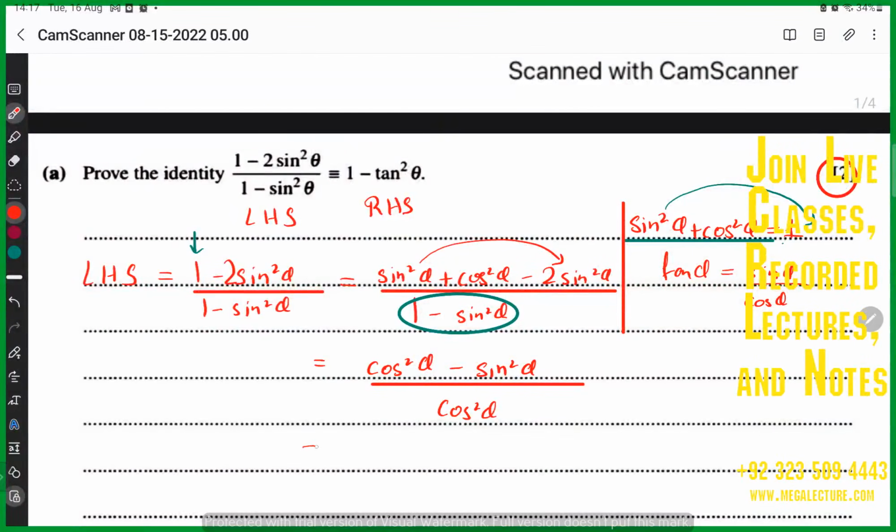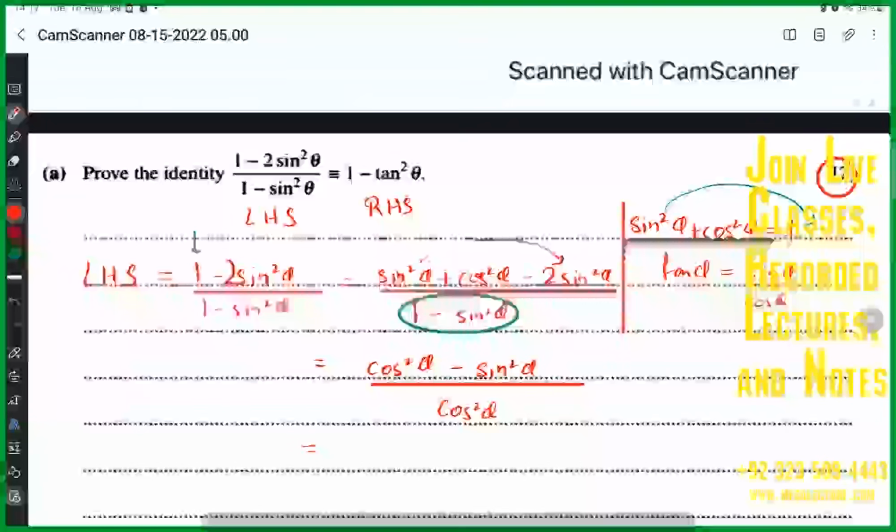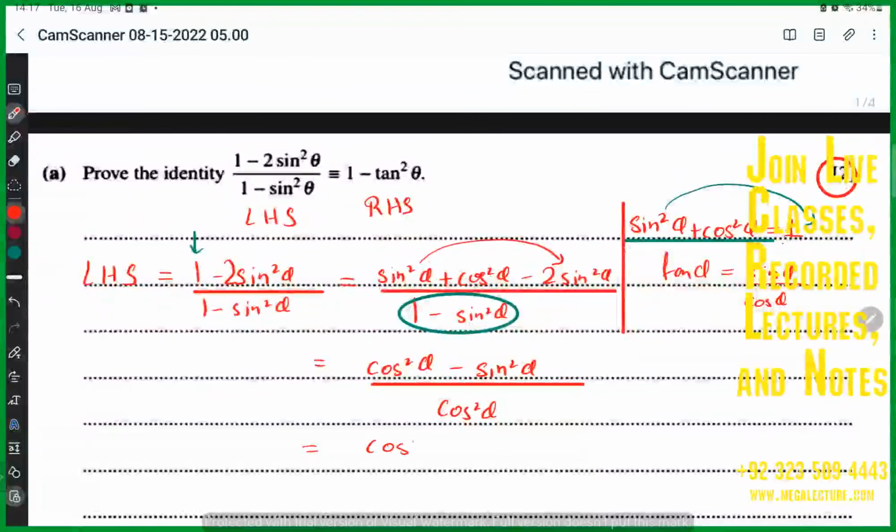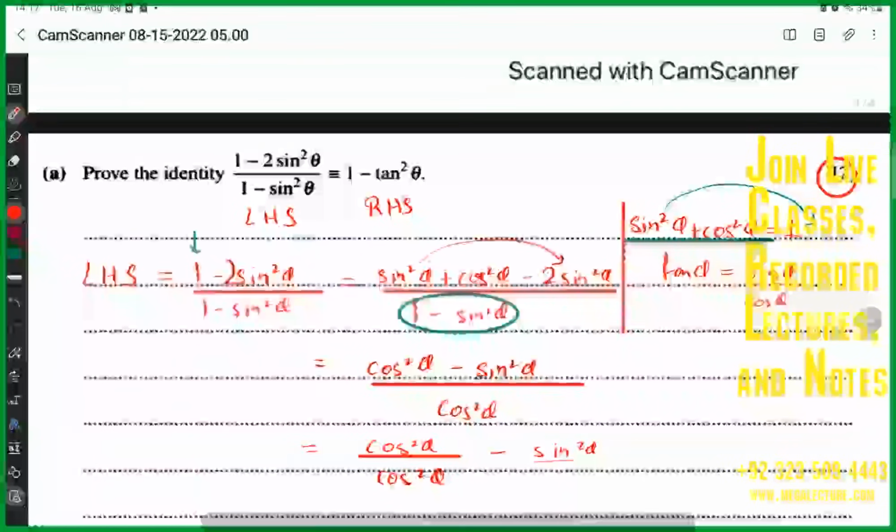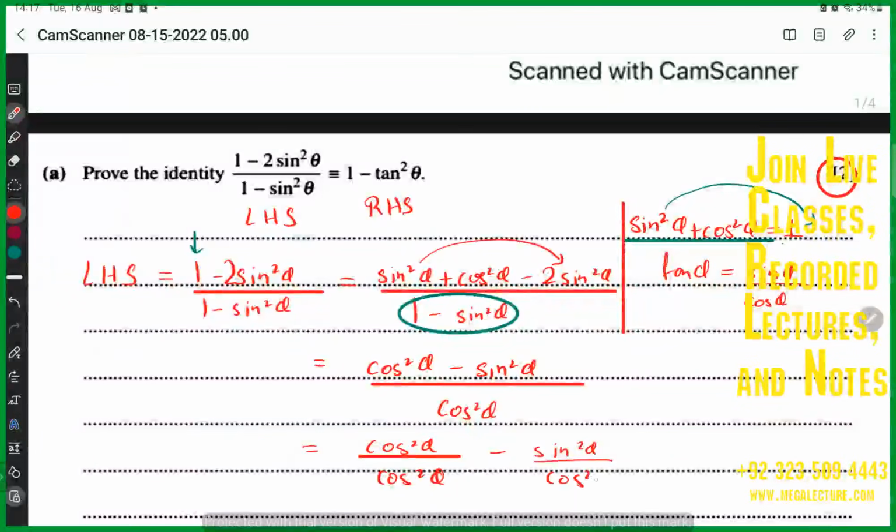Okay. No. Now at this point, I can write this fraction as cos square theta divided by cos square theta, and then minus sine square theta divided by cos square theta. These two would be cancelled. I would get 1.